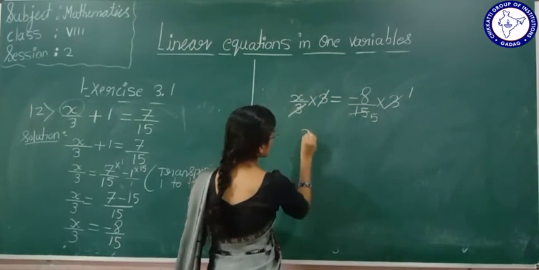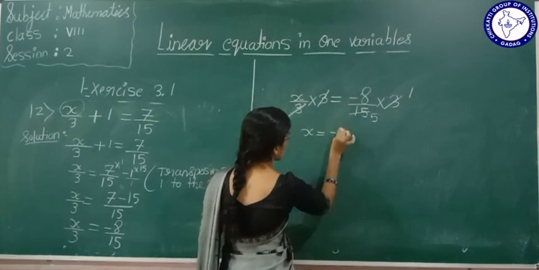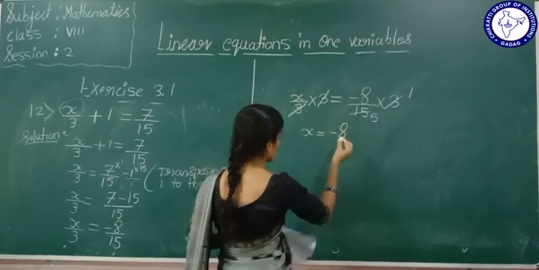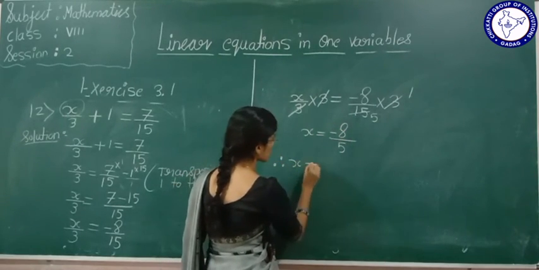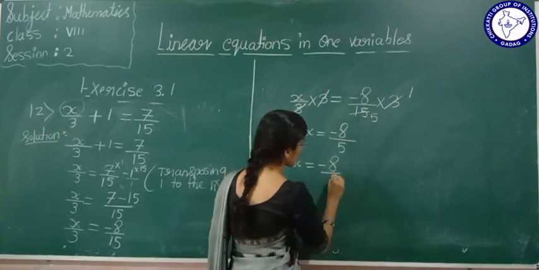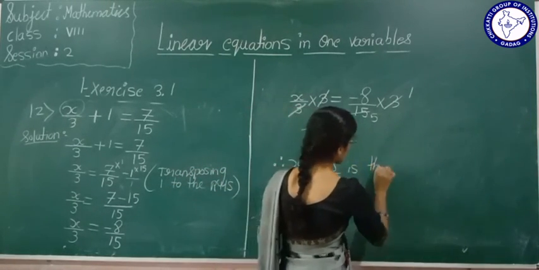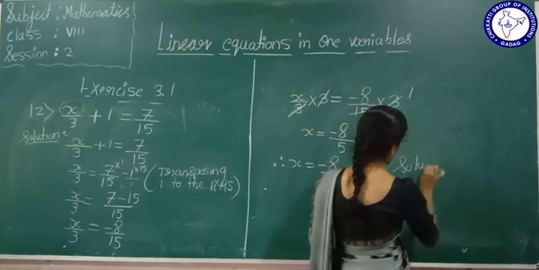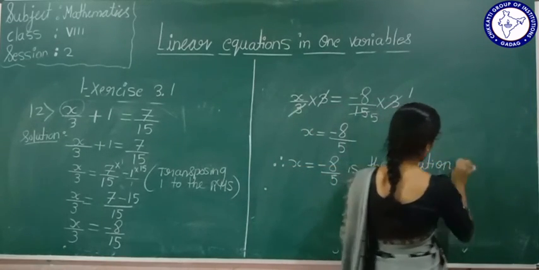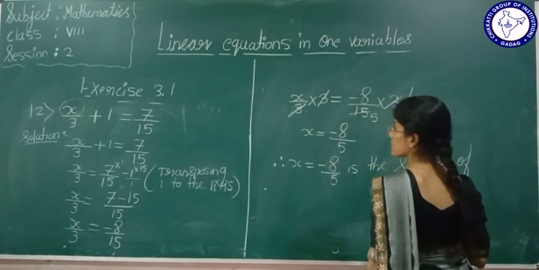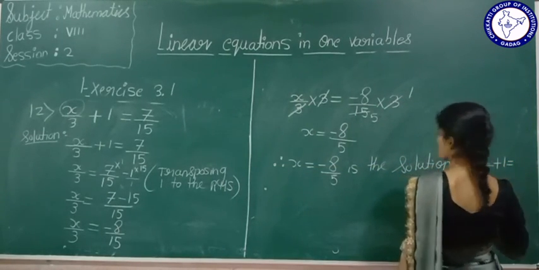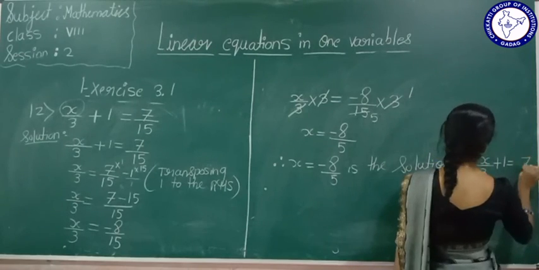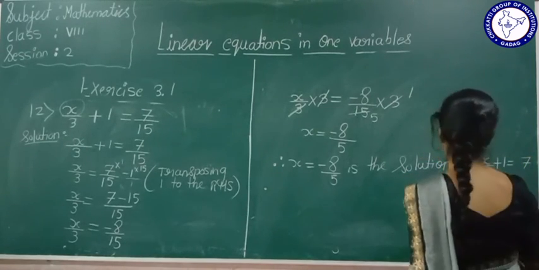So what is that? x is equal to minus 8 by 5. Therefore, x is equal to minus 8 by 5 is the solution of x by 3 plus 1 is equal to 7 by 15.